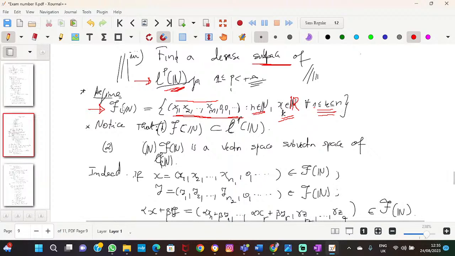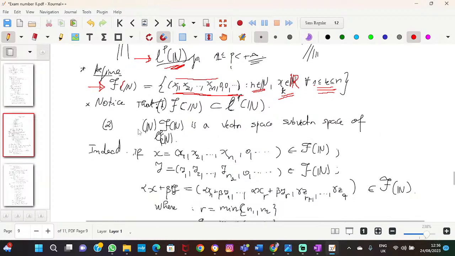This is our set calligraphic F of n. So we must prove that this set that we define here is, first of all, a subset of LP. This is very clear, right?